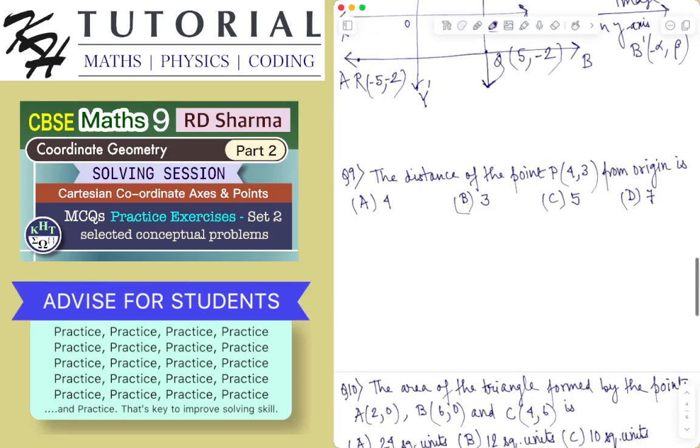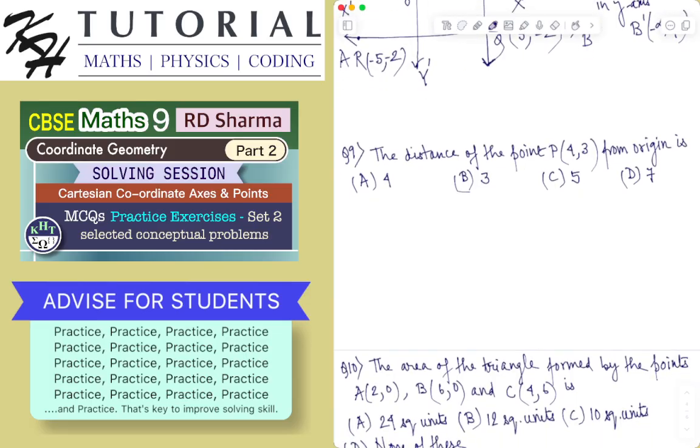The distance of the point P (4, 3) from the origin is. Now, always remember this formula. In the Cartesian plane, take any point A with coordinates alpha comma beta, where the abscissa is alpha and the ordinate is beta.